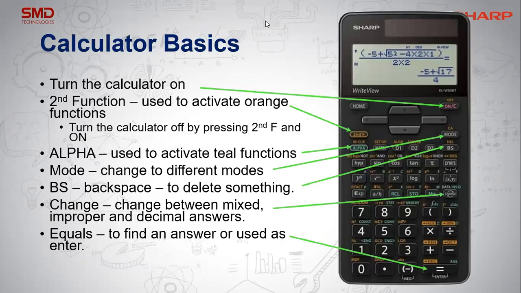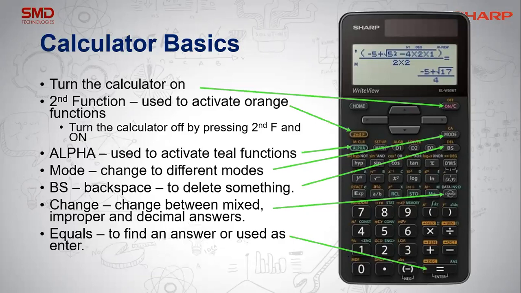So, some quick basics for you. Obviously, the on button. Second function is the orange button, and it activates all of your orange functions. Alpha activates your blue functions, so we're talking statistics and memory keys here. Your integral and differential also are activated by alpha. Your mode button gives you access to 9 different modes, and I'll walk you through those in a minute.